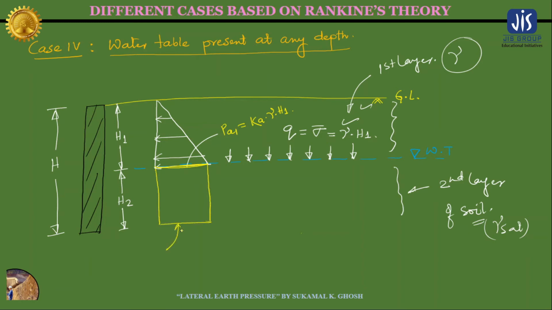This is PA2, which is also equal to Ka into gamma into H1. Now if you consider the soil of this particular area, you may observe that this soil is fully submerged. For this portion of soil, the analysis will be similar to case 2, where we analyzed a fully submerged cohesionless backfill.